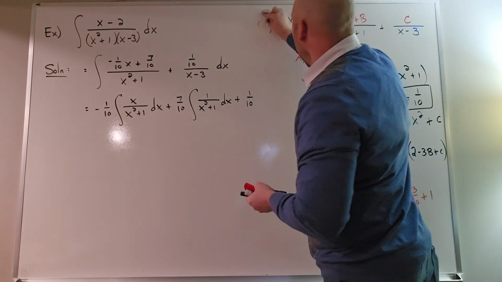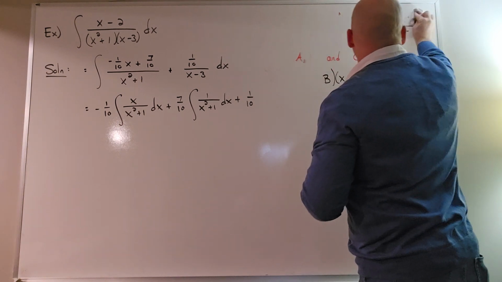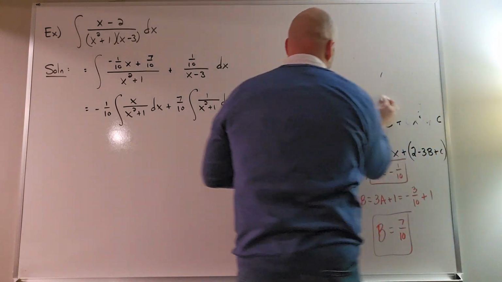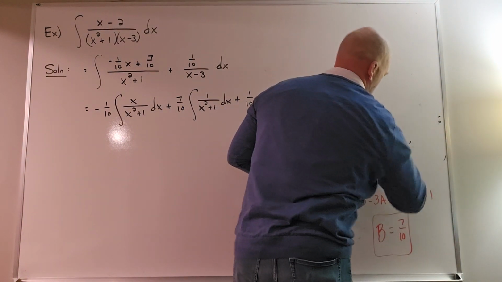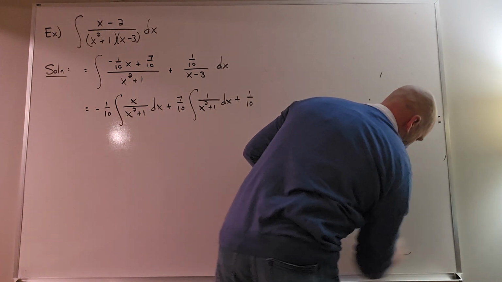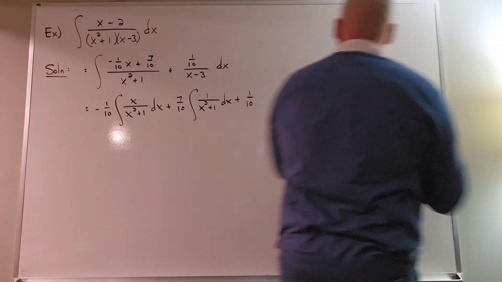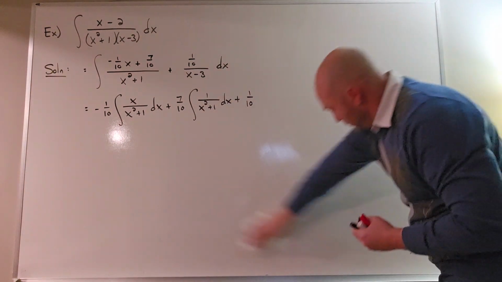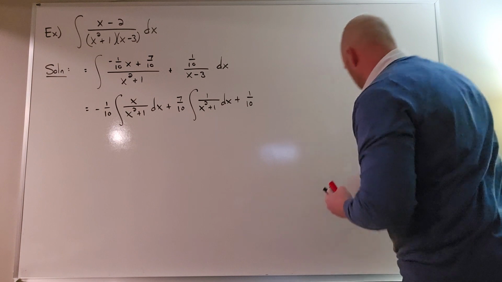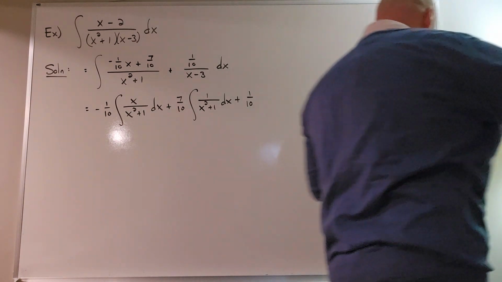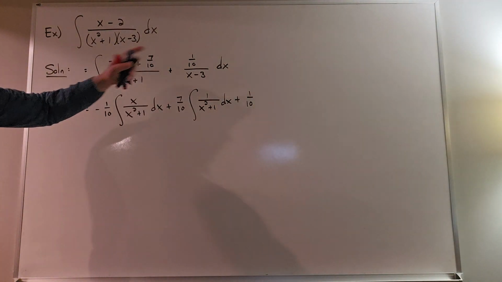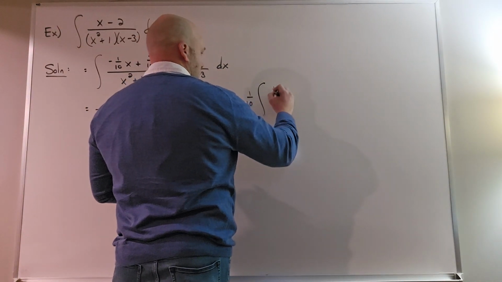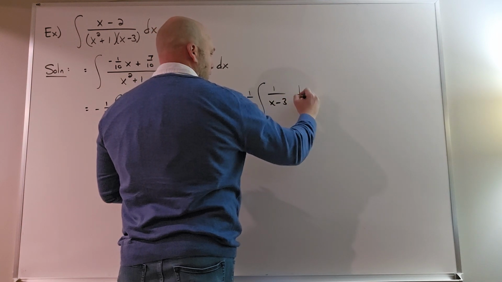Might as well erase this whole thing. Back to where I was, plus 1/10 integral 1 over x minus 3 dx.